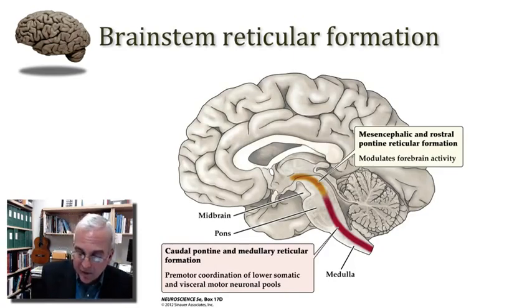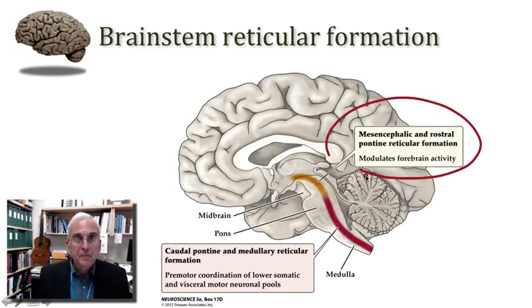Broadly speaking, we recognize the rostral part of the reticular formation coming from the mesencephalon and from the rostral part of the pons as having those kinds of projections that modulate activity in the forebrain.